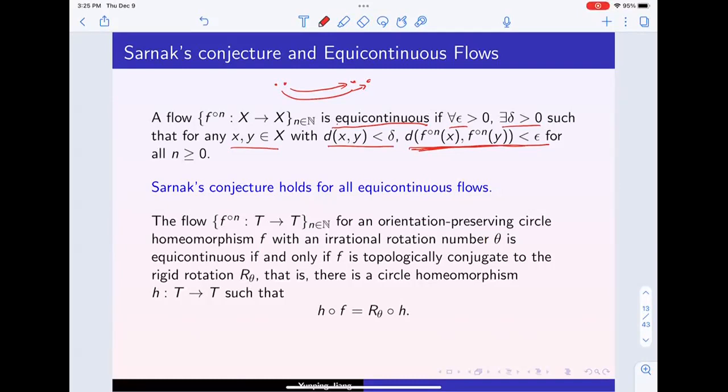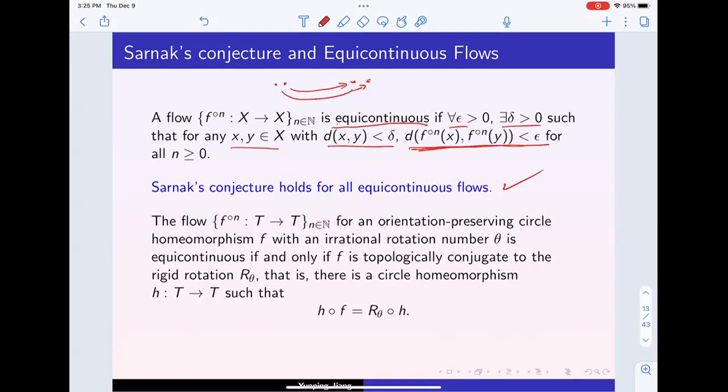In other words, from some point of view, this dynamical system is relatively simpler. I need to put quotation marks on that because they still could be complicated. For example, the irrational circle map is uniquely ergodic, also equidistributed, and even equicontinuous. Anyway, the Sarnak conjecture holds for all equicontinuous flows.